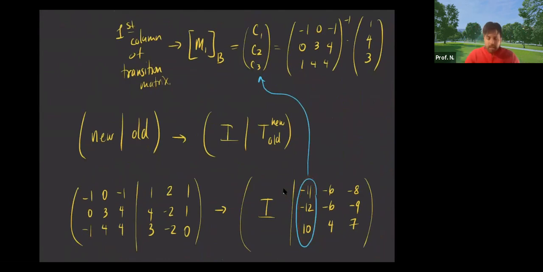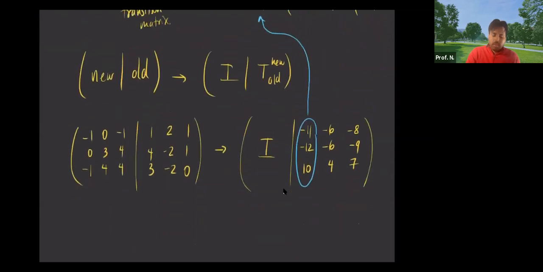Then do the same thing again, get me the second column, and then the third column. But this was just done in literally one full step, which is nice. So this is in fact the transition matrix from the old to the new.